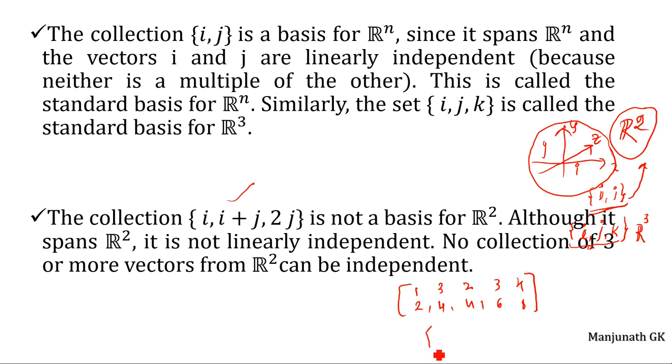The basis is only (1,2) and (3,4), only these two, because the remaining three vectors can be represented using the first vector. This is 2 times the first, this is 3 times the first, and this is 4 times the first vector.